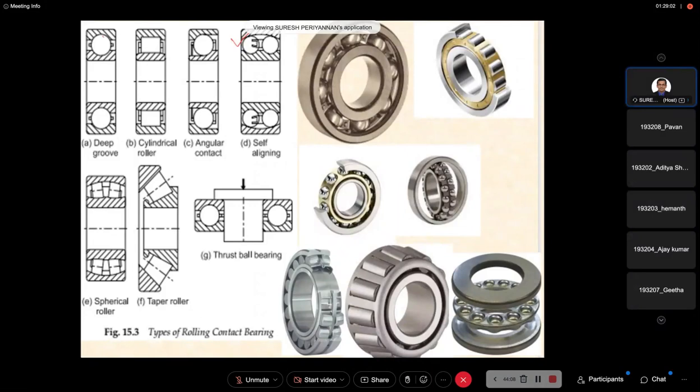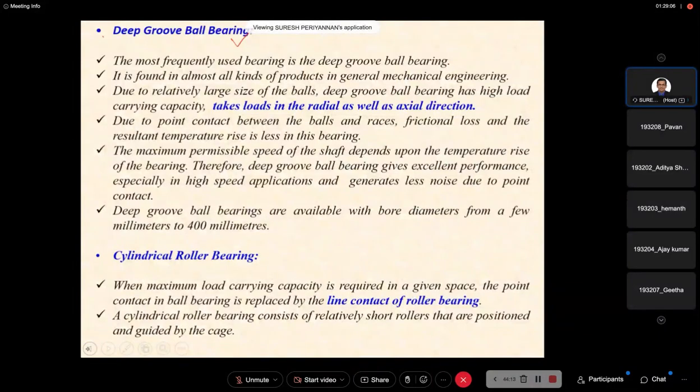Now, we use this bearing for high load carrying capacity. It can be used wherever there is radial and axial load in the transmission.